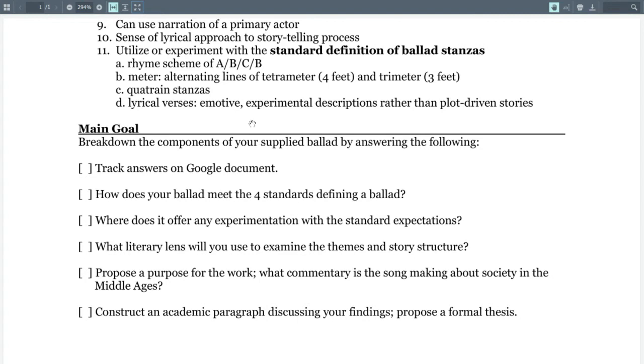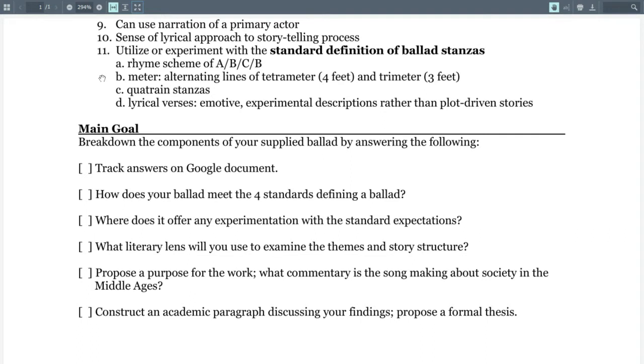So in other words, some of these will easily be identifiable in your chosen ballad. Some of these will not. And if it does not match any of these 4, you're telling me what you are provided. You're explaining any experimentation of these standard expectations.